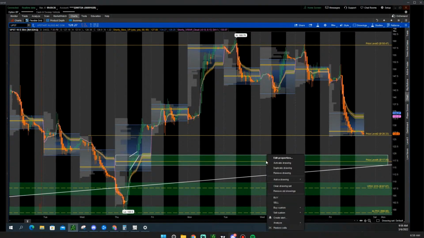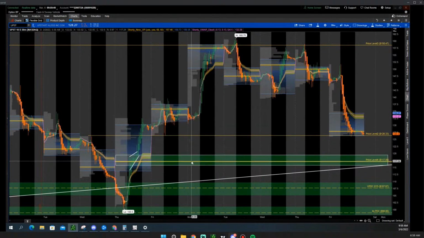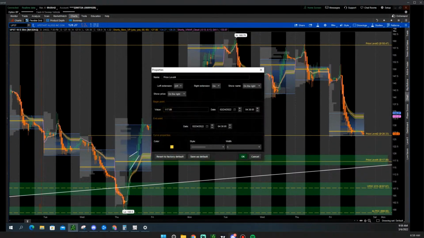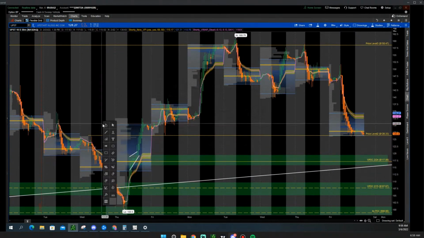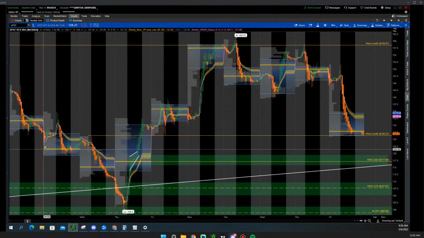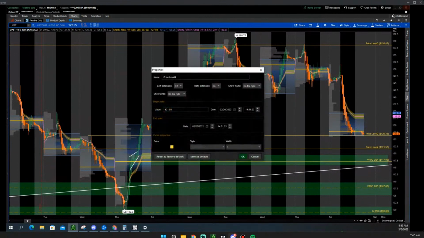So here we have another VPOC, right? You see that once the price left from here, if you look at VPOCs and let's look at this 224, a lot of VPOCs on this date. If you look at this VPOC at 117, you had a little bit of action here as well, about 121. So you have some area there for support. So this would be a POC.